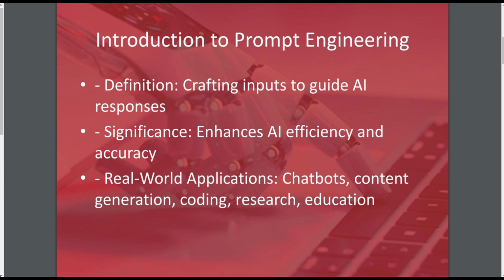That's under content creation. What about coding? For those of you that want to do coding, in terms of debugging, this prompt engineering is very important. If you even want to generate code, you need this skill for you to be able to do that.